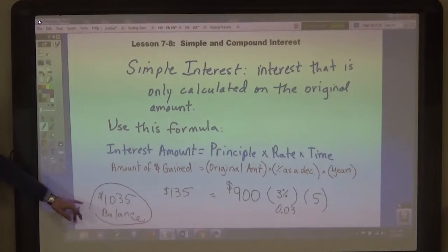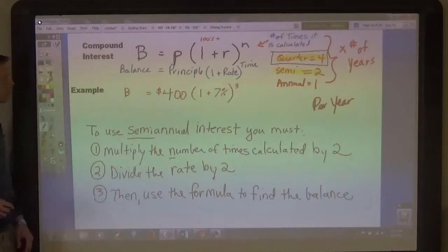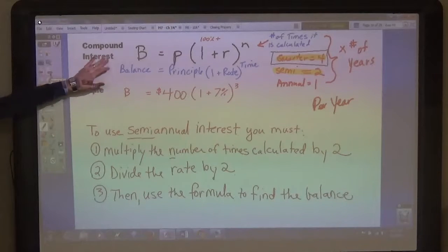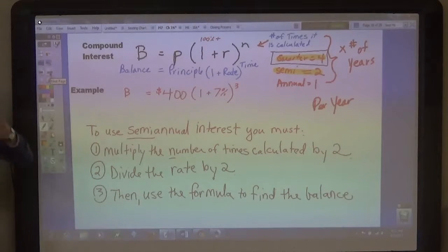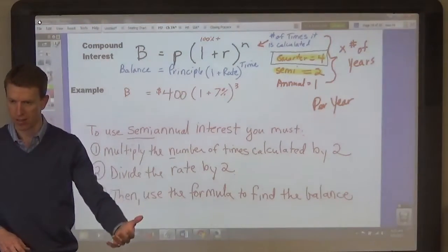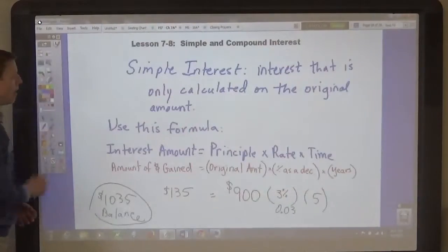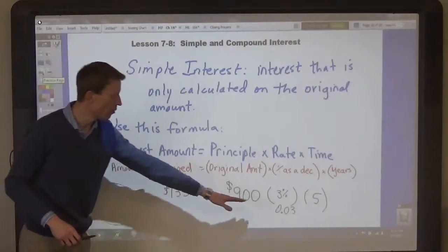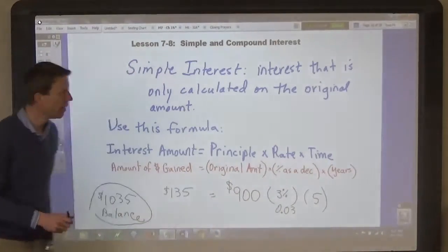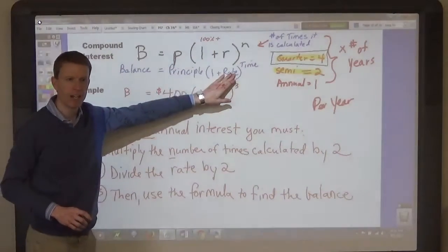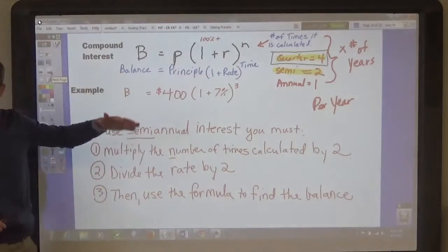Okay? Now, that's important because in today's lesson, we're going to be talking about compound interest. Compound interest is a different way of paying you. If we go back to this example, instead of paying you 3% each year on the original amount, compound interest means that they would pay you 3% on the new balance each year.